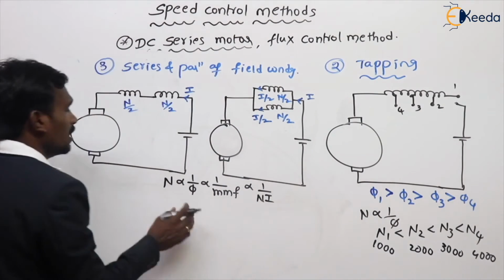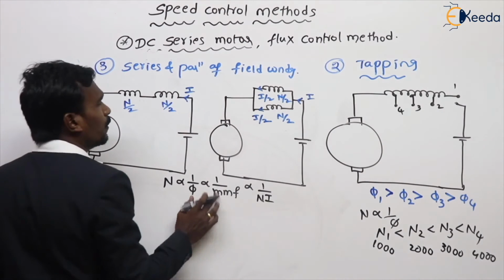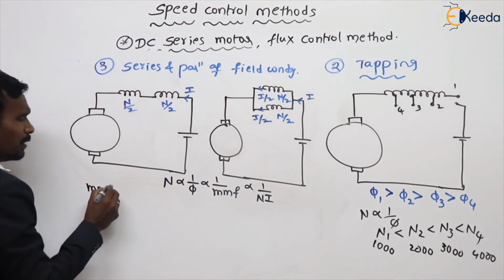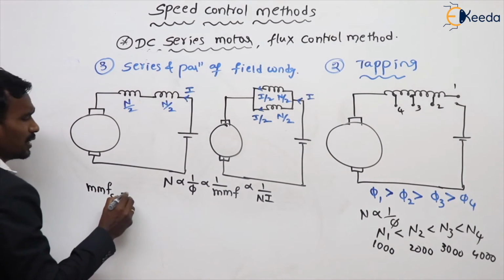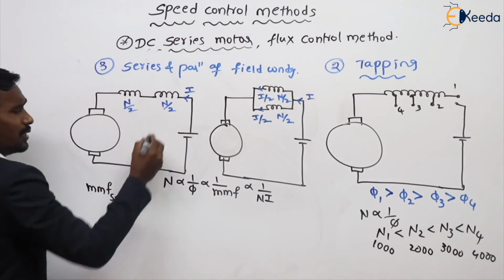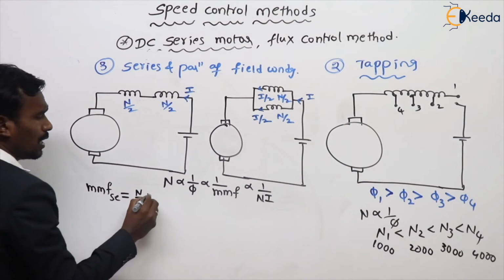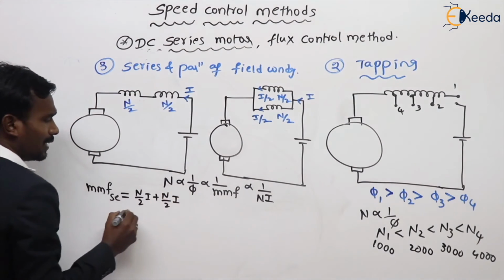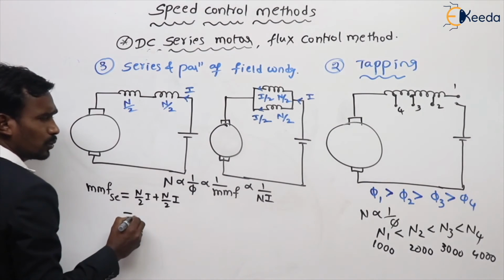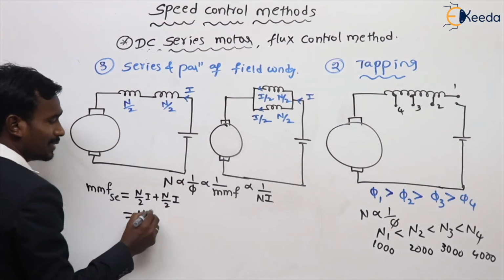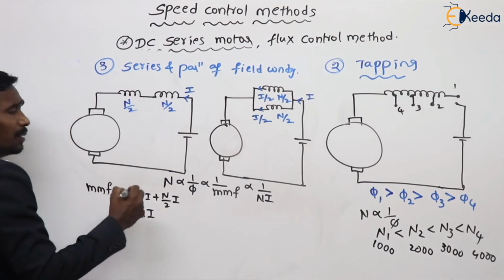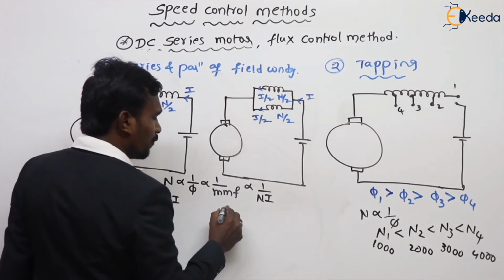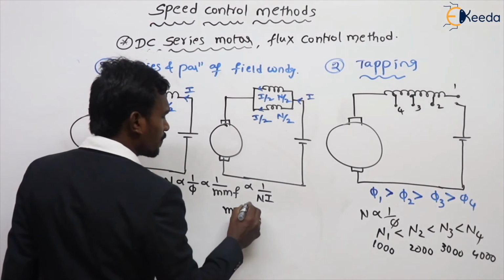So listen here, what is the MMF for series connection? The MMF of series connection is equal to N by 2 times I plus N by 2 times I, that is NI by 2 plus NI by 2. How much, sir? NI. This is the MMF for series connection. What is the MMF for parallel connection?